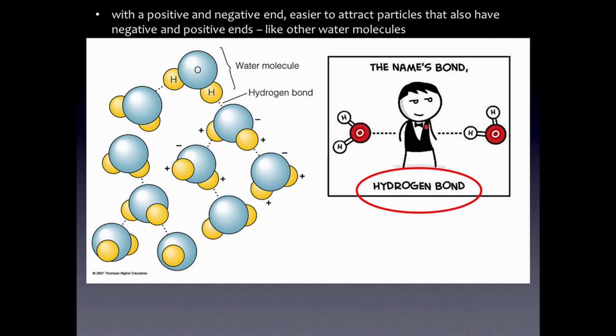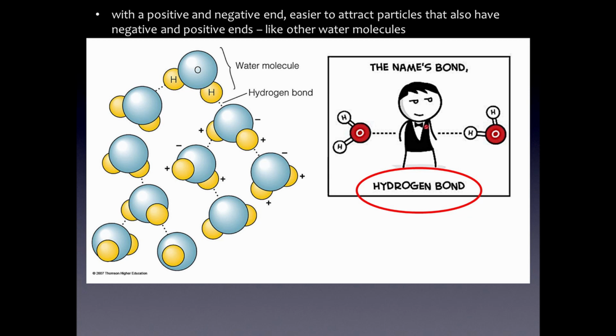It's then much easier to attract particles that also have a distinctive negative and positive end. In fact, it's much easier to attract other water molecules. So these water molecules that are covalently bonded molecules of hydrogen and oxygen will now start to bond to other water molecules, and they'll form something called a hydrogen bond.